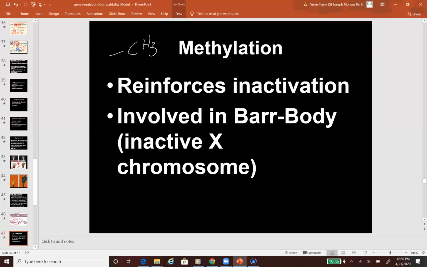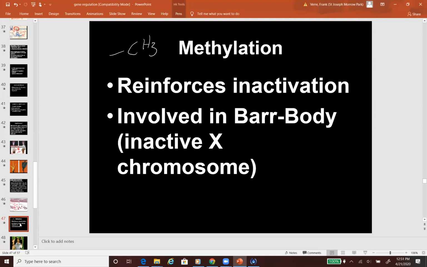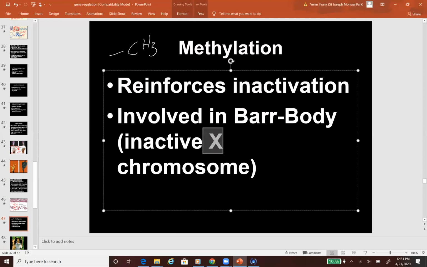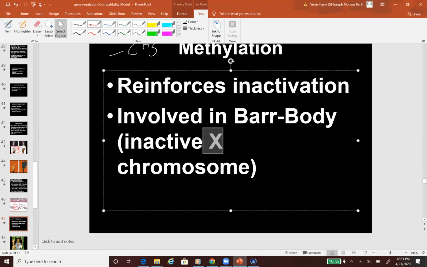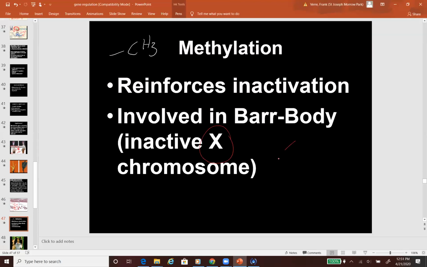Now what happens when you add methyl groups to DNA is it actually turns off the genes. In this case, it actually is a way to inactivate an X chromosome. If you recall, females have 2 X chromosomes and males have only 1, okay?